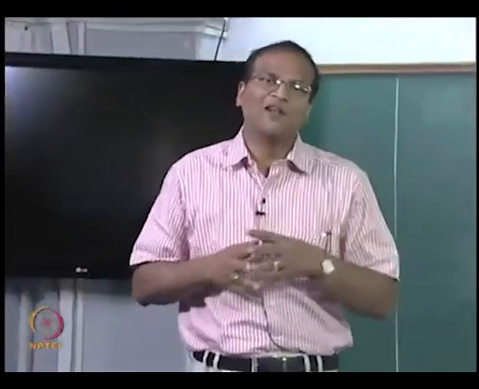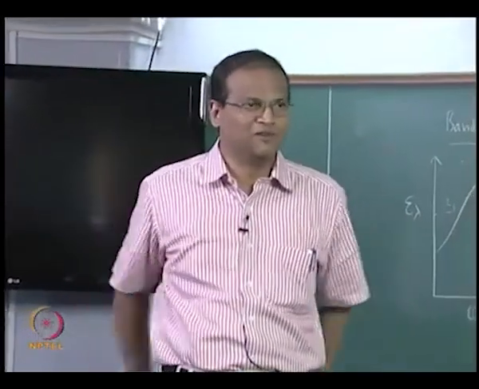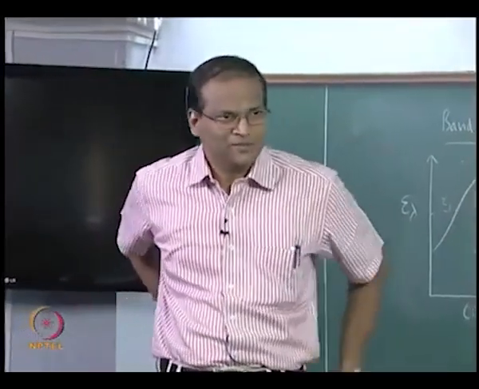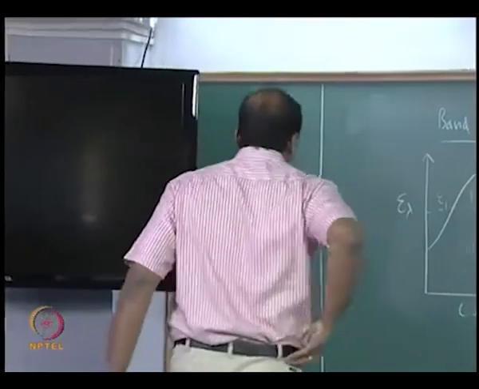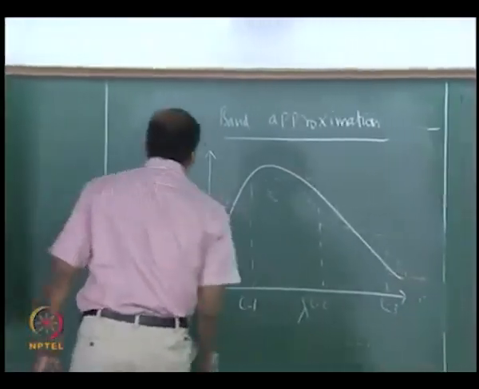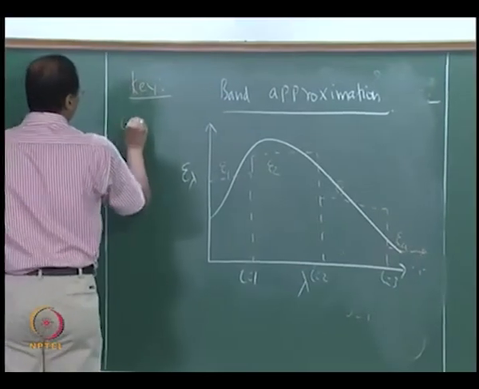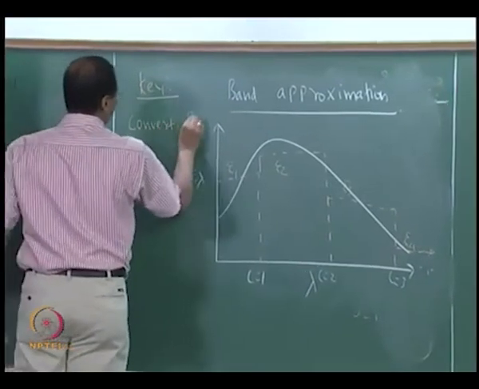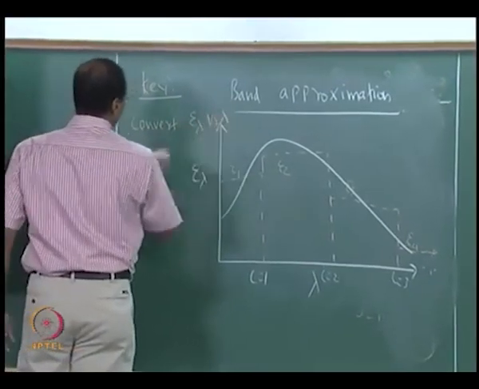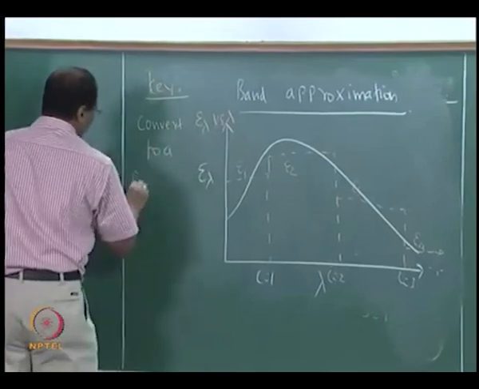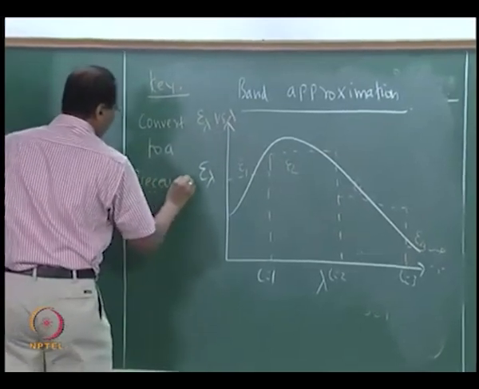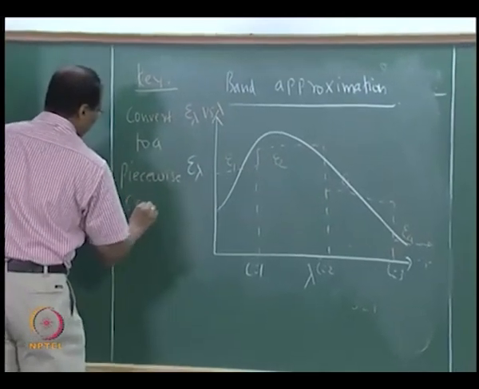Now, this sort of epsilon lambda versus lambda, so many problems you have solved, isn't it? Correct? Okay. So the key here is the piecewise constant emissivity model.